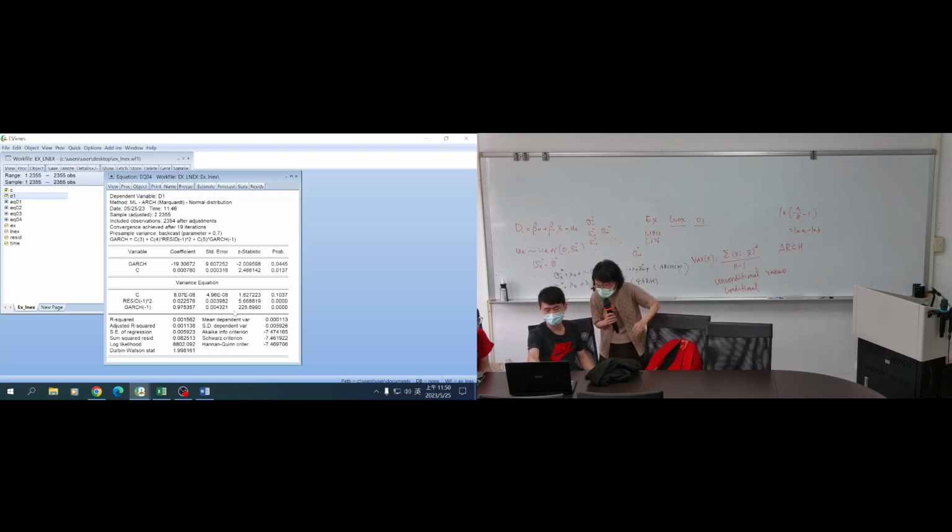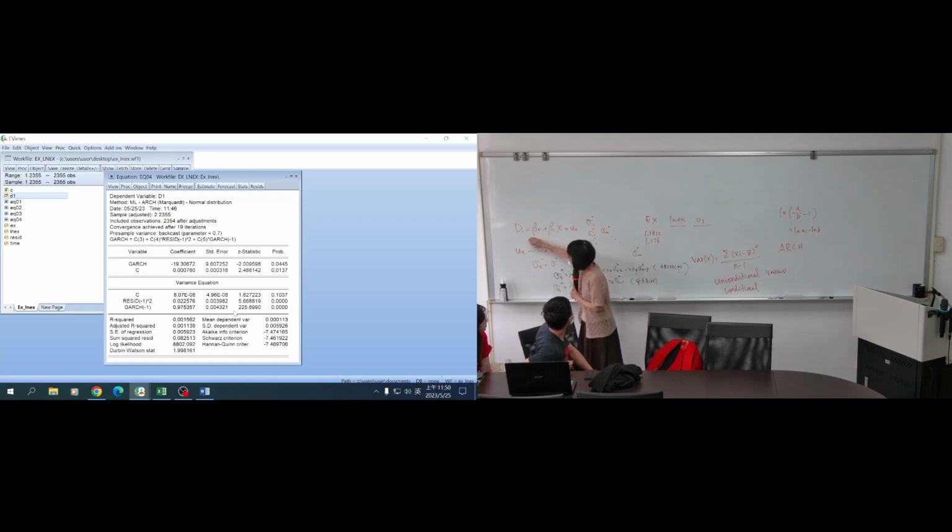But if there's an extra x variable, do we need to consider the p-value for it as well? Yeah, sure. This is what I'm saying, that I didn't really have any x variables.